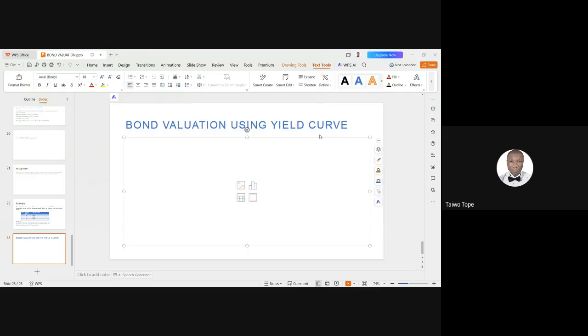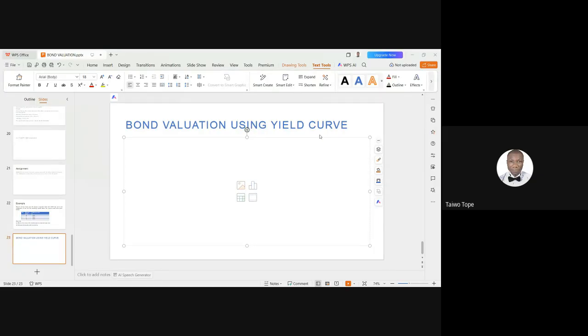Yield is return. That is R in the formula we'll be looking at today. Yield, we said, is the rate of return expected by bondholders from their investments. And we said it is the rate of return received from investing in the bond.